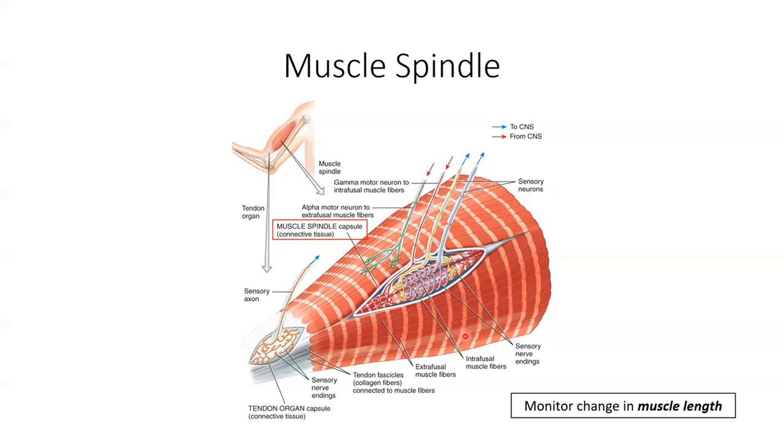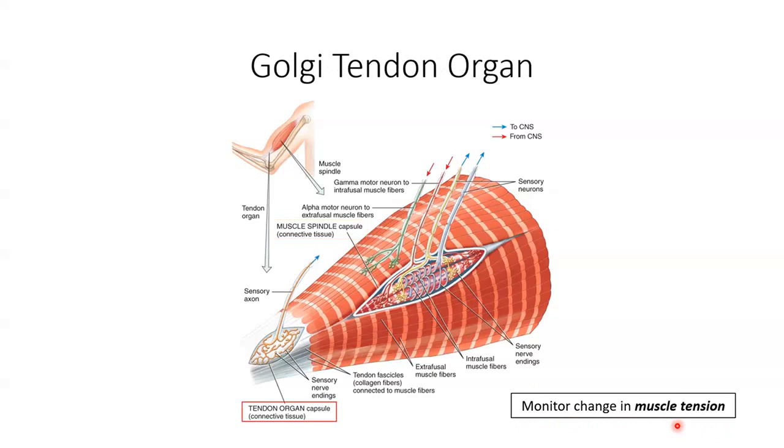So our muscle spindles monitor change in muscle length. Our Golgi tendon organs, which you can also just call our tendon organs, are located at the junction between a tendon and a muscle. So this red part here is our muscle, this white part is our tendon, which is what connects the muscle to a bone.